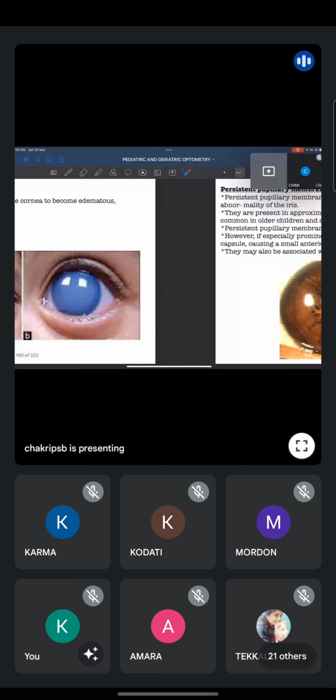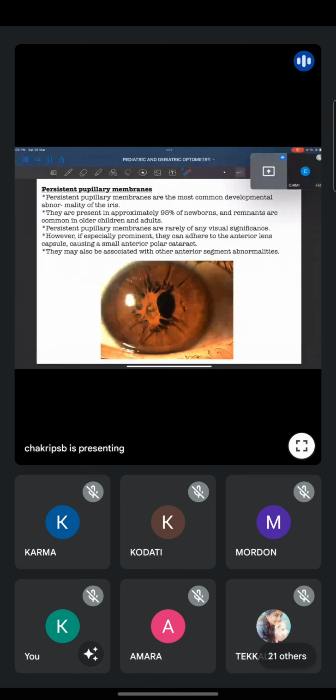Next is persistent pupillary membrane. Here what will happen is a developmental delay or abnormality of the iris at the embryogenic stage. The iris pigment will come out or go back of the iris.